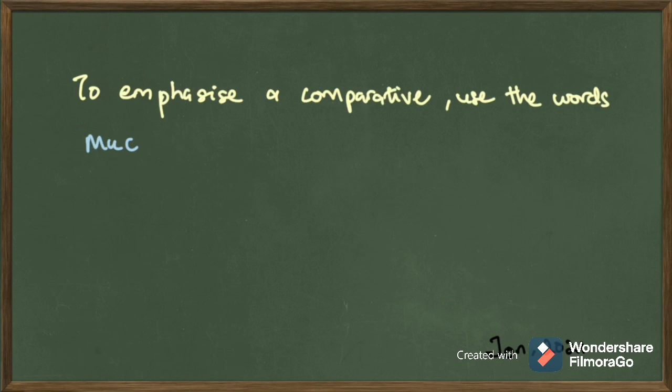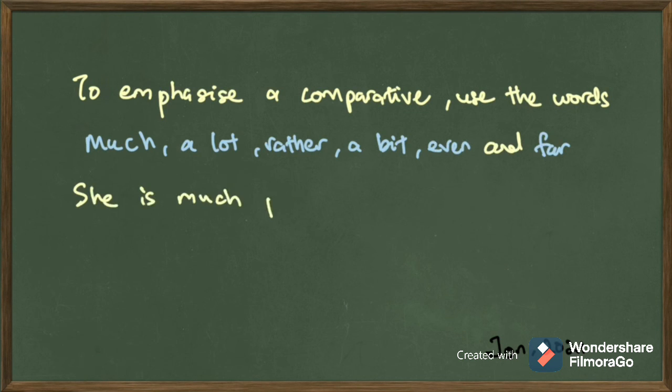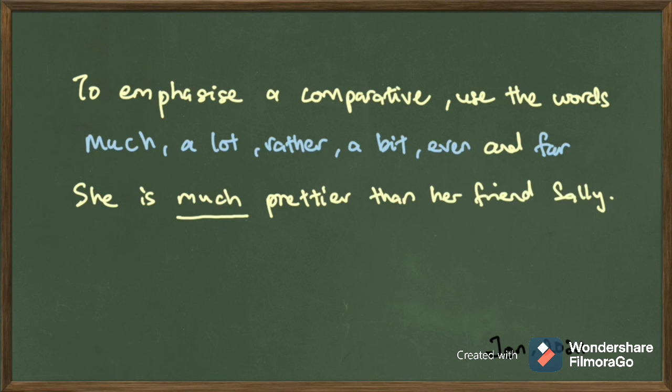Lastly, to emphasize a comparative, use the words much, lot, rather, a bit, even, and far. Look at the example. She is much prettier than her friend Sally. Kita nak tekankan yang she, much prettier tu jauh lebih cantik, than her friend Sally.